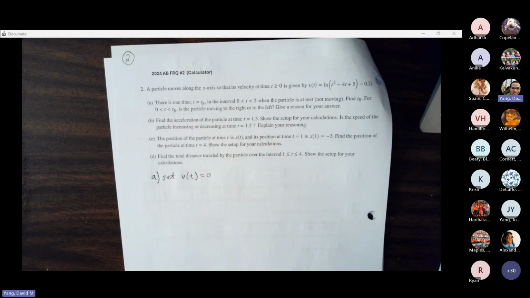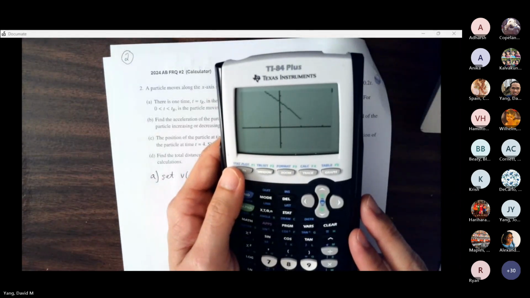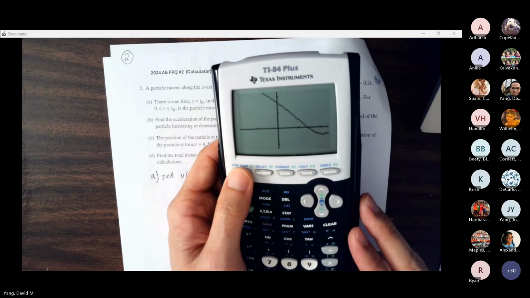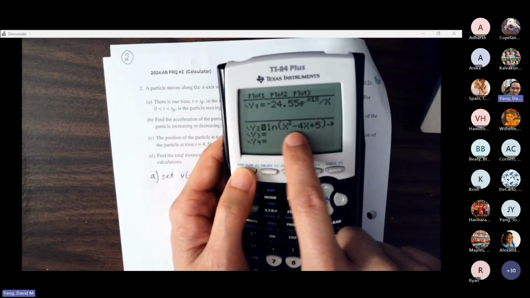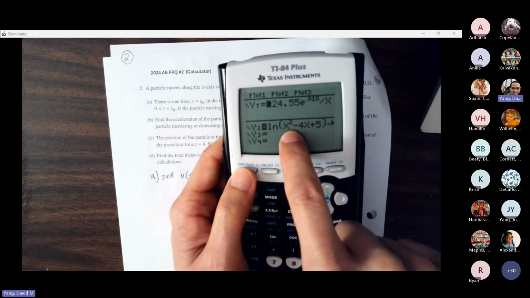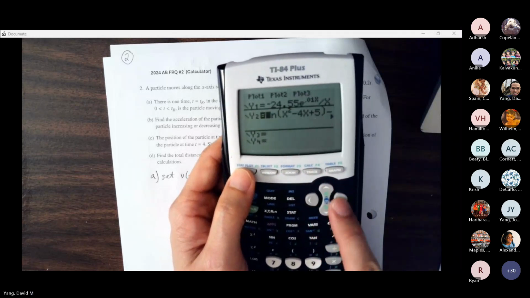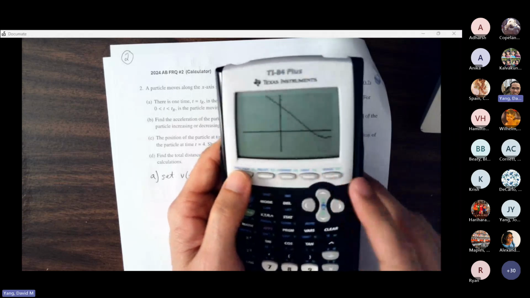Natural log of x squared minus 4x plus 5. Yeah, I typed in 4x squared, should be 4x squared minus 4x plus 5. And then minus 0.2x.